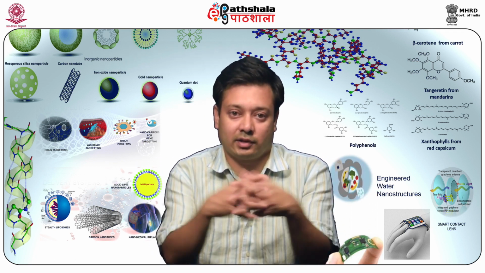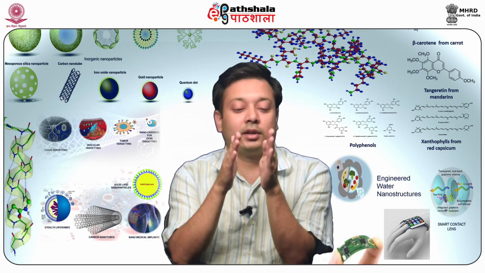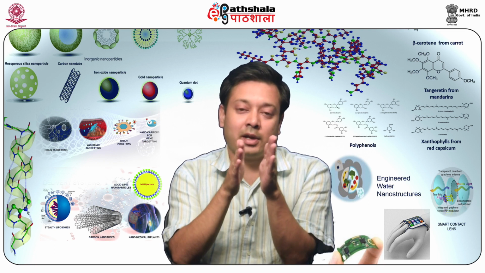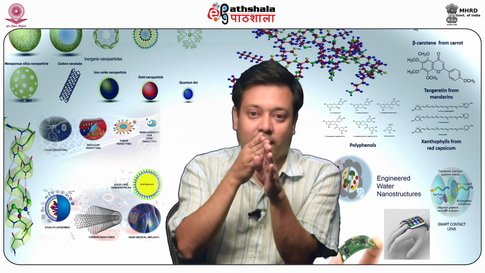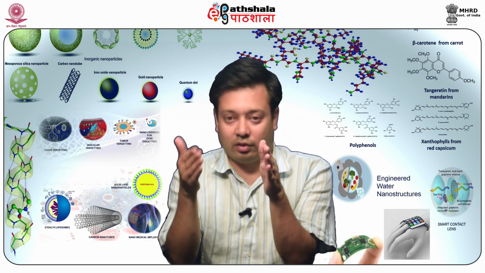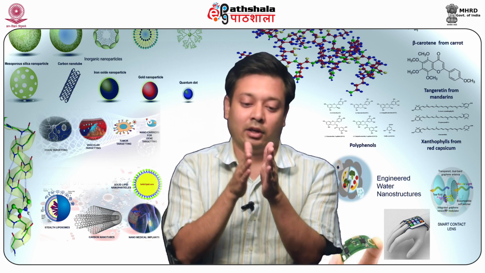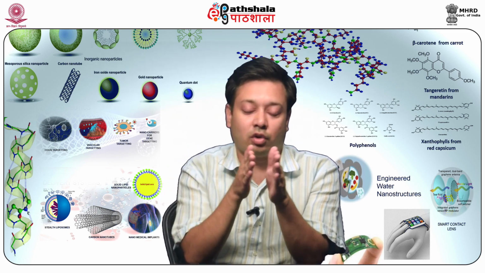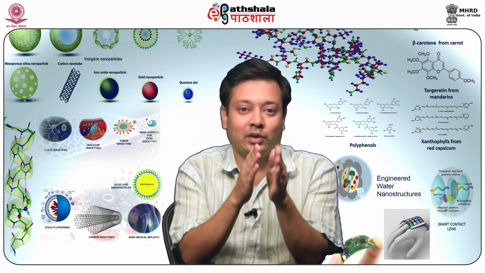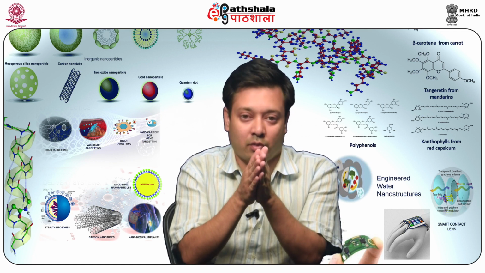which are stable structures. And in DNA nanotechnology, one good thing is the base pairing: guanine can only go with cytosine, and adenine can go only with thymine. So it's very specific base pairing. The sequence of bases is very important when you talk about another complementary sequence, because that completely determines the structure formation.